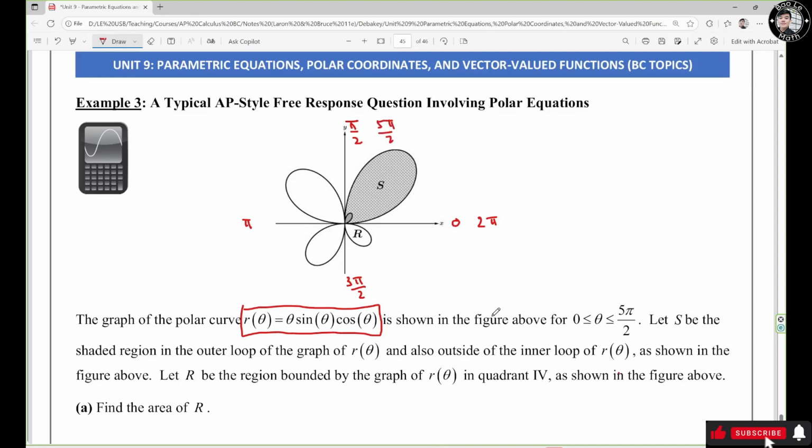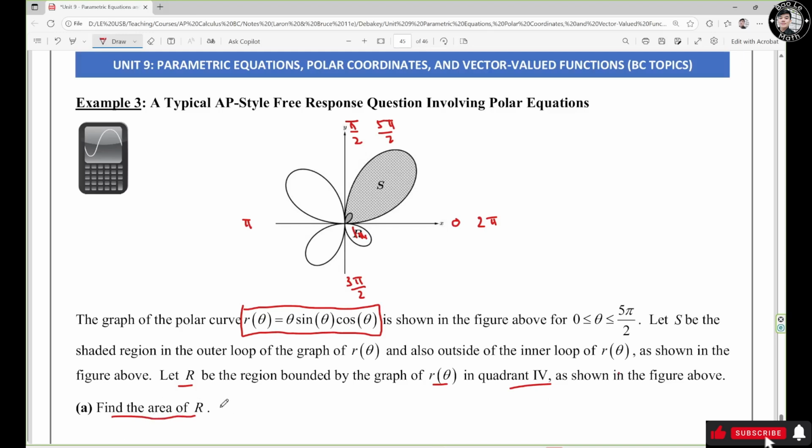Let the shaded region be in the outer loop of the graph of r of theta and also outside of the inner loop of r of theta, as shown in the figure above. Let R be the region bounded by the graph of r of theta in quadrant 4, so this guy right here. Find the area of R.